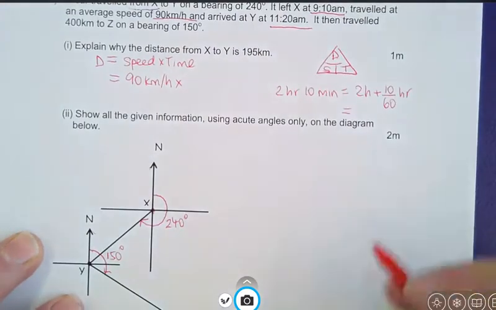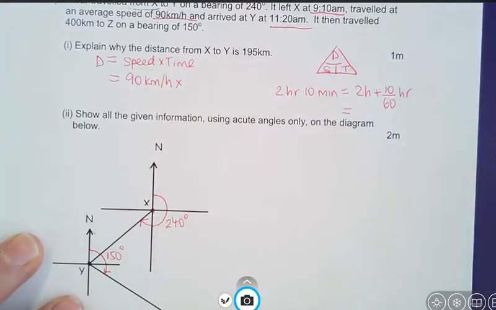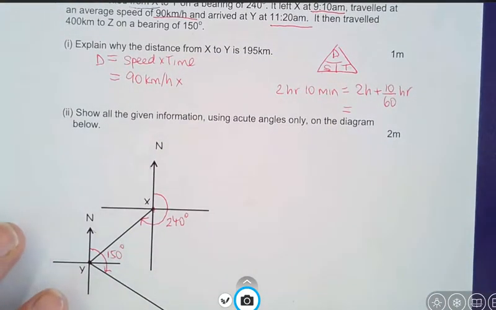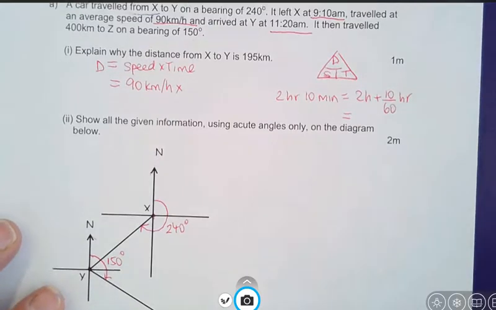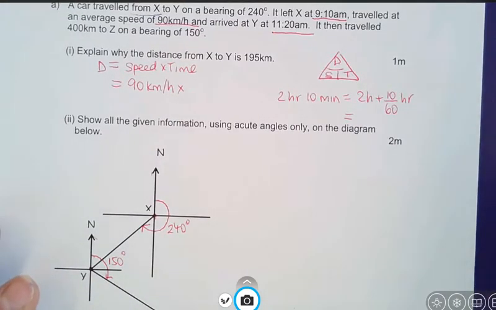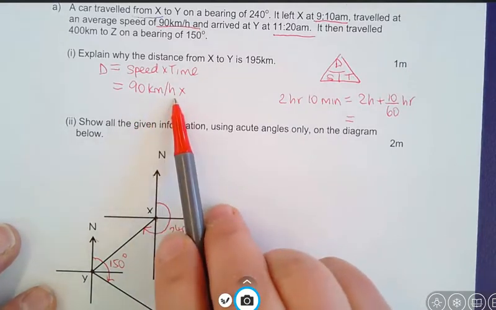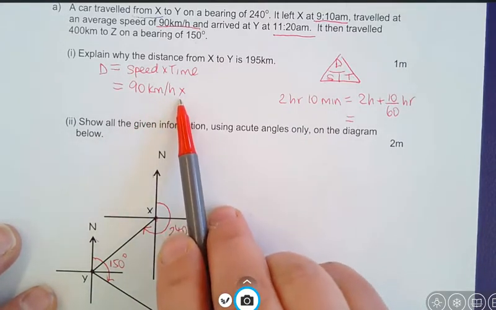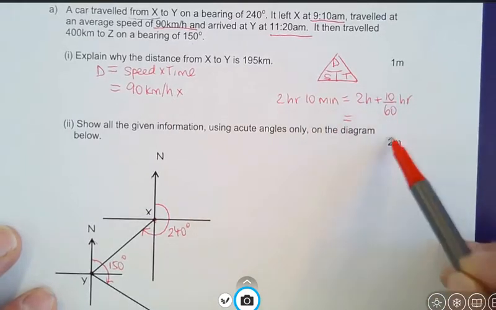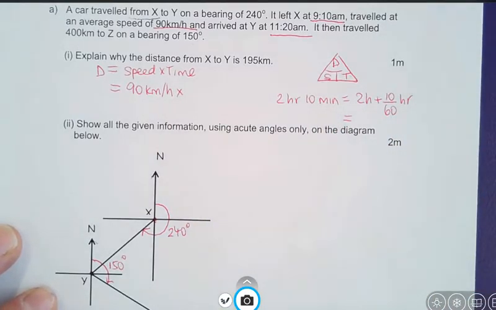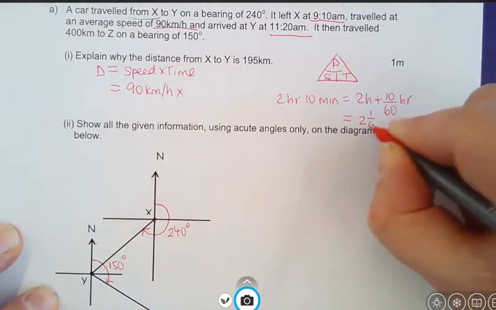That is 2 and 1/6. Are we okay or not? Do you know why I'm doing this? Why am I making it into hours and not minutes? Because my units of speed are kilometres per hour. So my units of time need to be in hours. So my 2 hours is fine, but my 10 minutes needs to be in hours. Okay? So it's 2 and 1/6 hour.